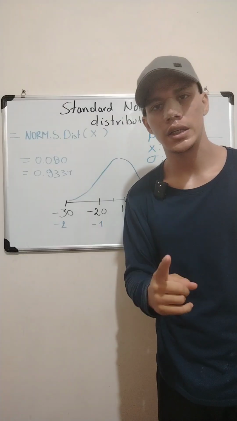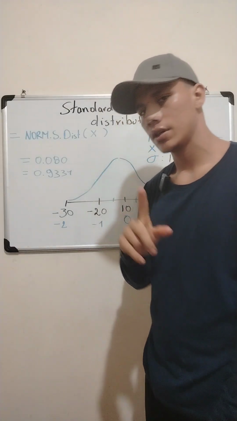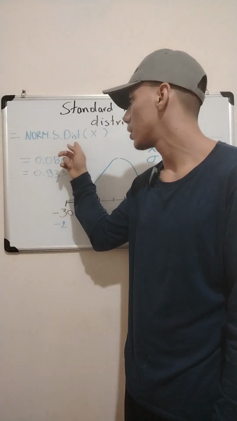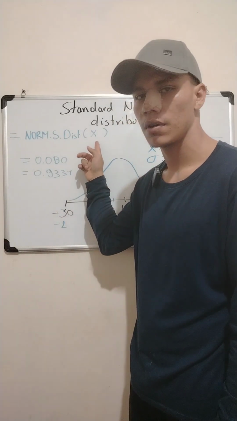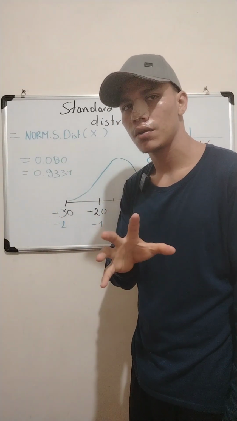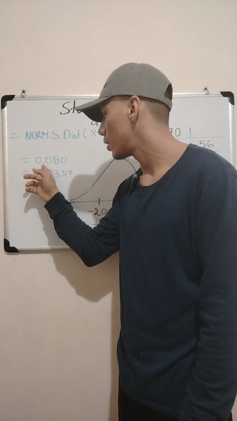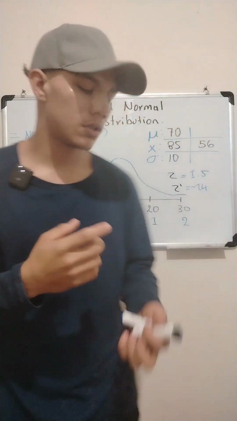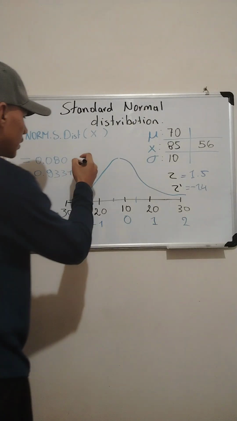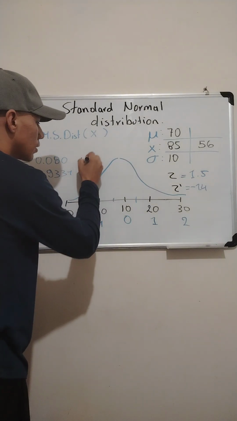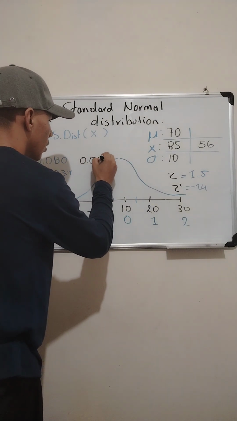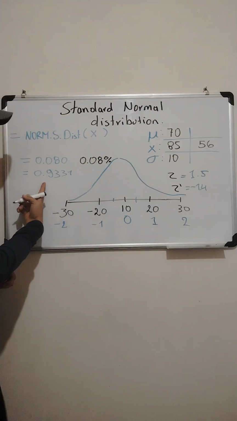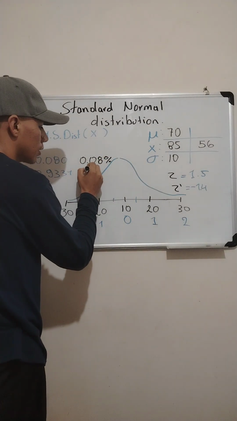One using a Z table, or the second one using Excel, using NORM.S.DIST plus your value. And you get a result in decimals that you can convert into a percentage. So here will be 0.08%, and the second one 93%.